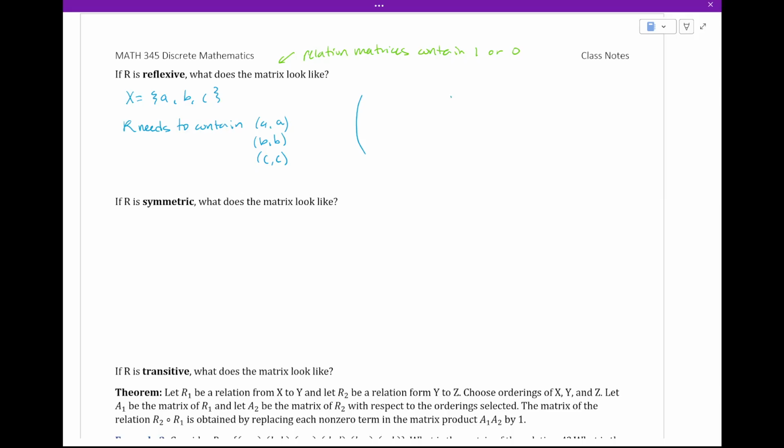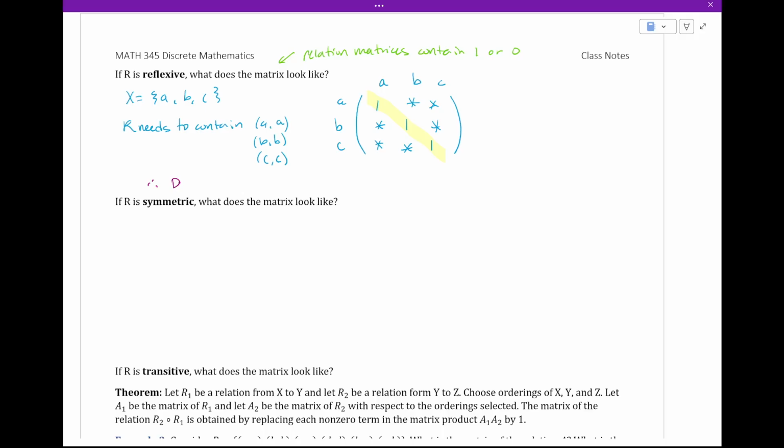So if this is what my matrix looks like, A, B, C, A, B, C, it needs to have AA, BB, and CC, and then the rest of these entries can be 1s or 0s. It doesn't matter for the reflexive part. So this is what a reflexive matrix would need to look like. As we're analyzing that pattern, I'm noticing that there are 1s along the diagonal.